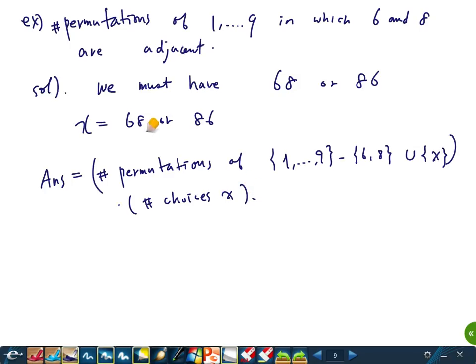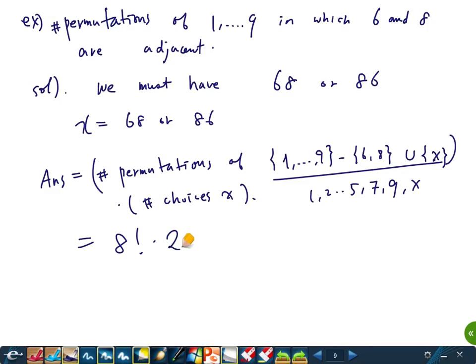X is either 6, 8 or 8, 6. And once we decide x, then we just permute the letters. So in other words, 1, 2, 6 and 8 are missing, so like 5 and then 7 and then 9, right? And x. How many elements are there here? 8. So the number of permutations of these 8 letters is 8 factorial. And the number of choices for x is 2. This is it.